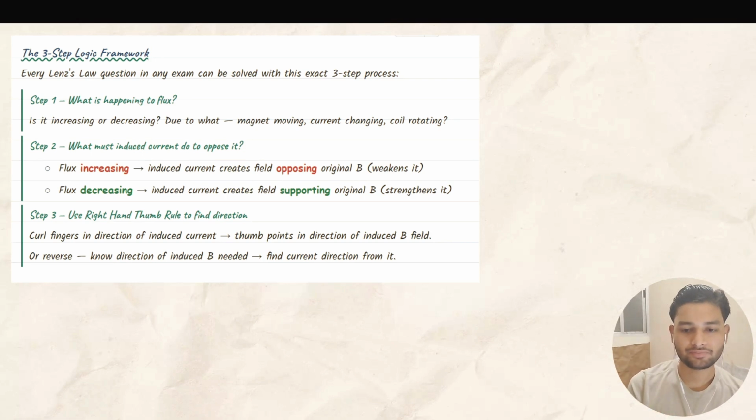Okay, so to find the direction of the induced current or the magnetic field, we can just use the right hand thumb rule, which states that for current, our thumb defines the direction of the current or the induced current, and the rest of the fingers curled around it define the direction of the magnetic field. So it is simple like that. We can solve any Lenz law question with just these 3 steps.